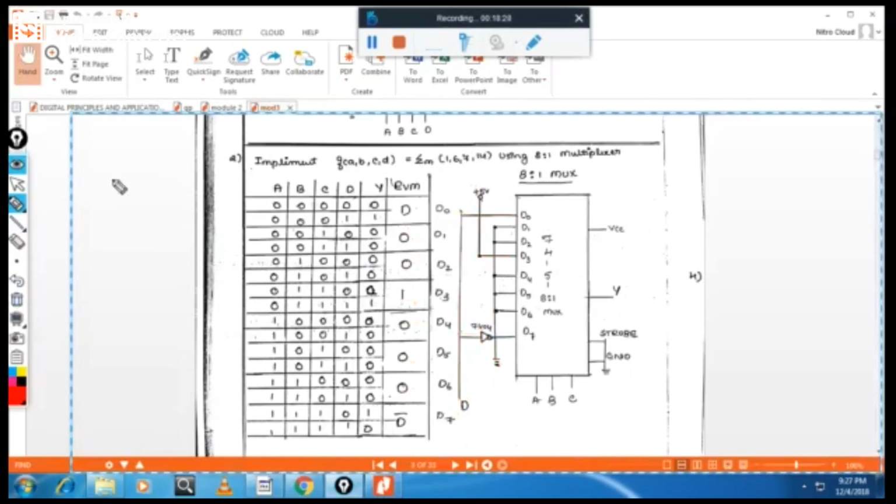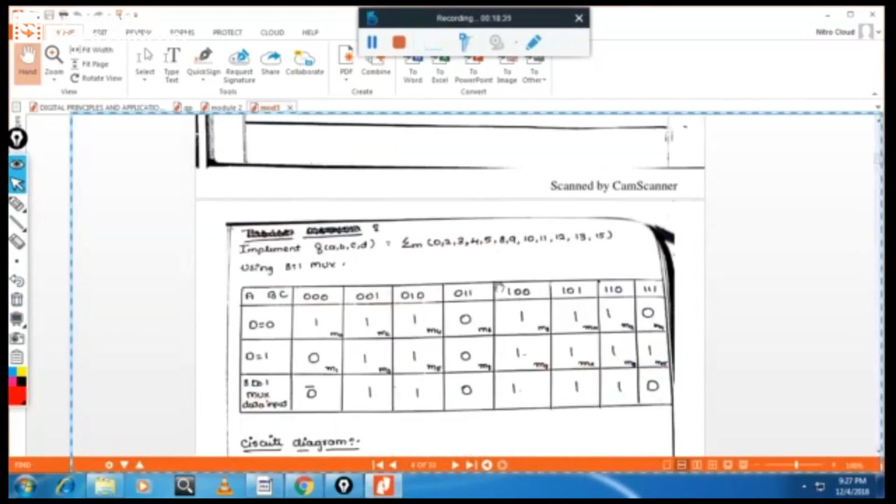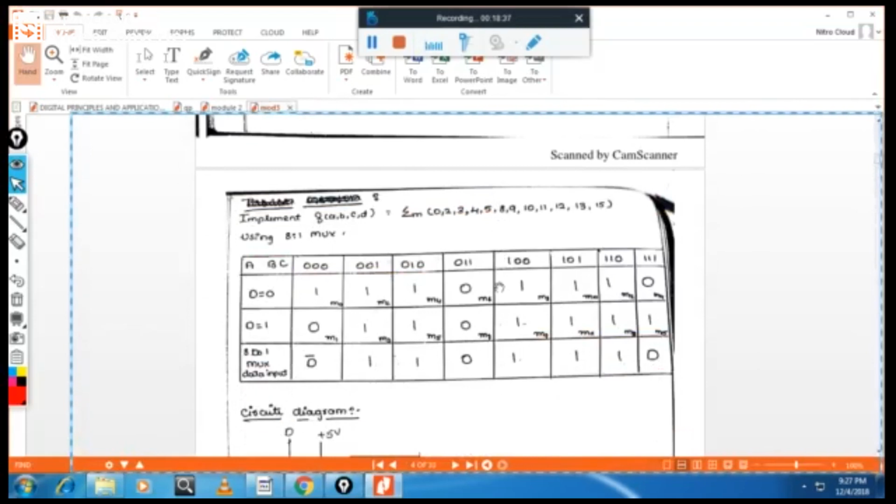So now, next, one more method, implementation. Function of 4 variable, 0, 2, 3, 4, 15.